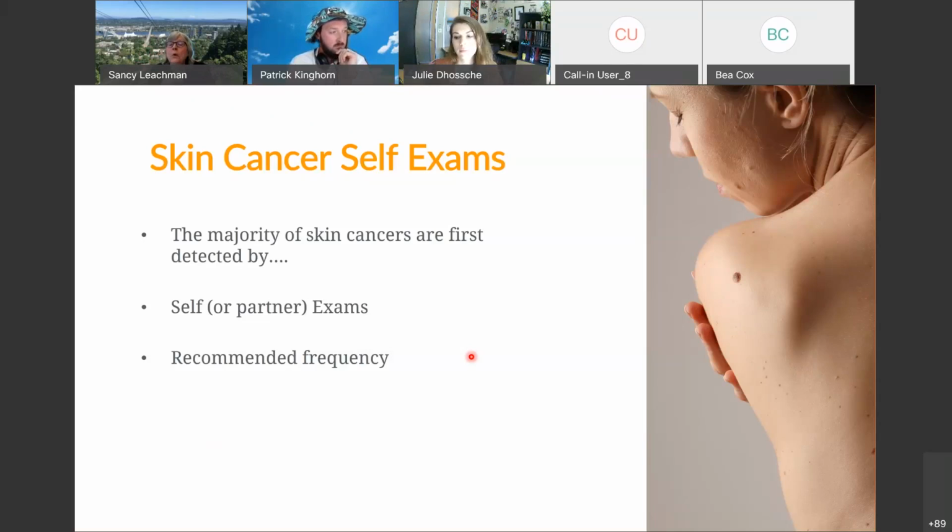If you look more than once a month, there's a pretty good chance that you're not going to notice that something's changing as much as you would at 1 month. But who's to know? It's hard to say exactly what the timing is, but you certainly don't want to wait longer than 1 month, because if you wait longer, then it could be farther progressed than you need it to be.